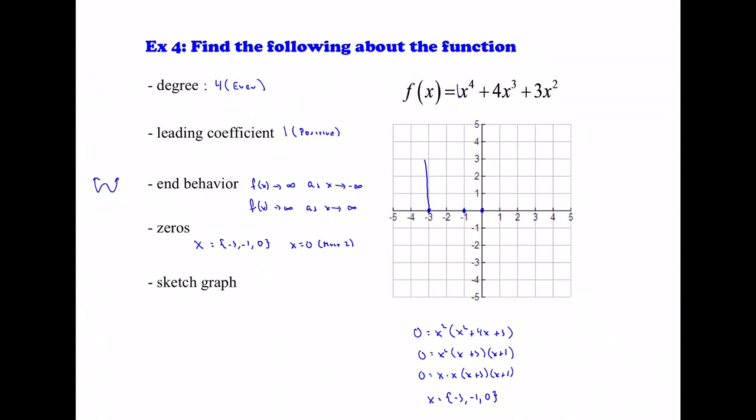It should go down and touch -3 on the x-axis. At some point, we don't know exactly when, it'll go back and touch at -1 and then go back, and at 0, it's only going to touch and then continue on. It's not going to cross like it does at -3 and -1, which don't have multiplicity, but at 0, it should touch and then go back in the positive direction of the y value.